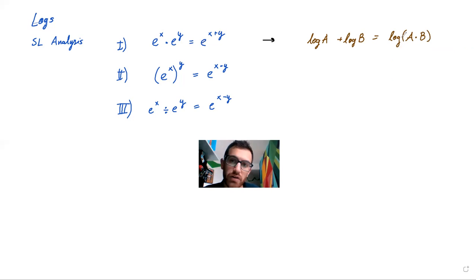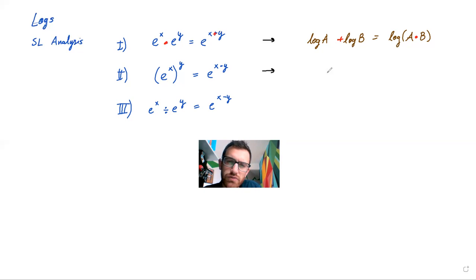The log of the product is going to be the sum of the logs. For the same reason why the product of powers is equal to the power of the sum. So the sum here is translated to here, and the product here is translated to here. This is like conversely.